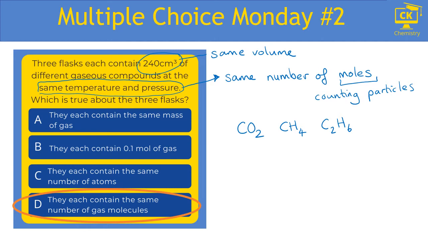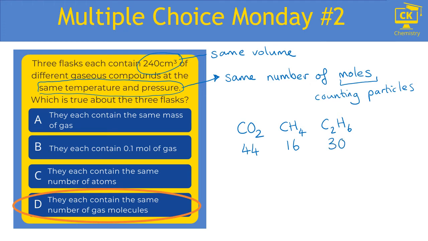Now let's look at A. A says they contain the same mass of gas. Hopefully we can quickly realise that because each of these compounds has a different relative formula mass, there is no way that if they have the same number of moles in each flask, they will contain the same mass, because CO2 has an Mr of 44, methane has an Mr of 16, and ethane has an Mr of 30.